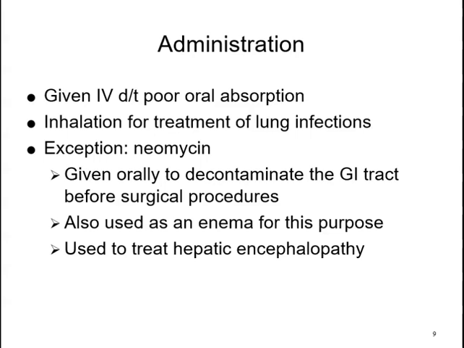We can use the inhalation form of treatment for lung infections, and this would include giving tobramycin for Pseudomonas in our cystic fibrosis patients. And parenterally, we could use it for lower respiratory tract infections, osteomyelitis, UTIs. There's a lot of different reasons we might use one over the other.